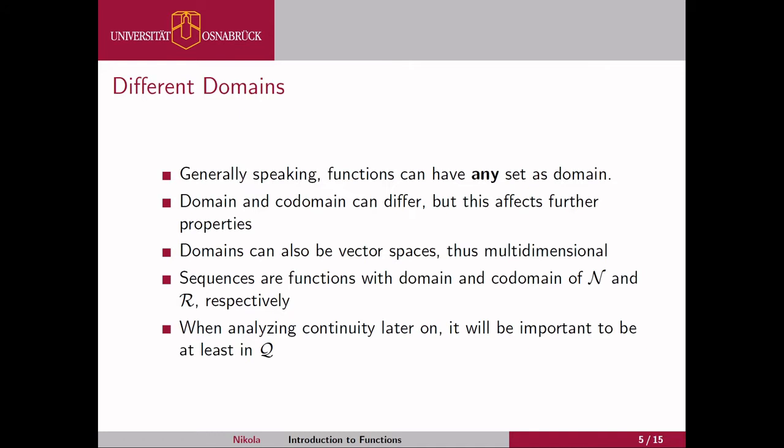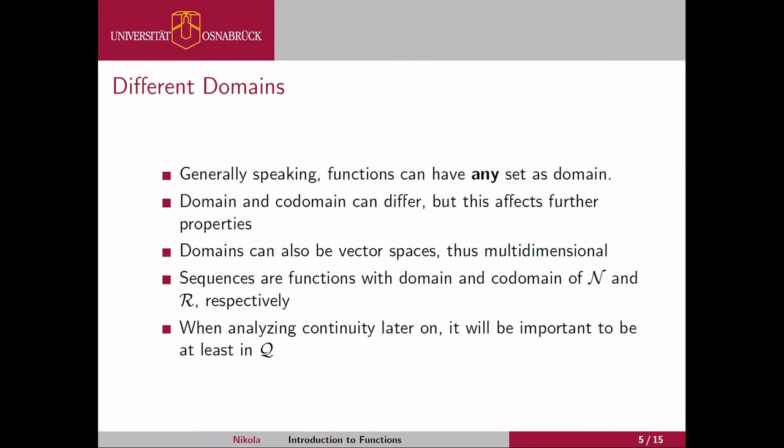So in general, a function can have any mathematical set as a domain, from the empty set, which of course is kind of useless in most cases, up to highly elaborate sets, like the complex numbers, or even beyond that with quaternions and so on. Every well-defined set can be a domain.